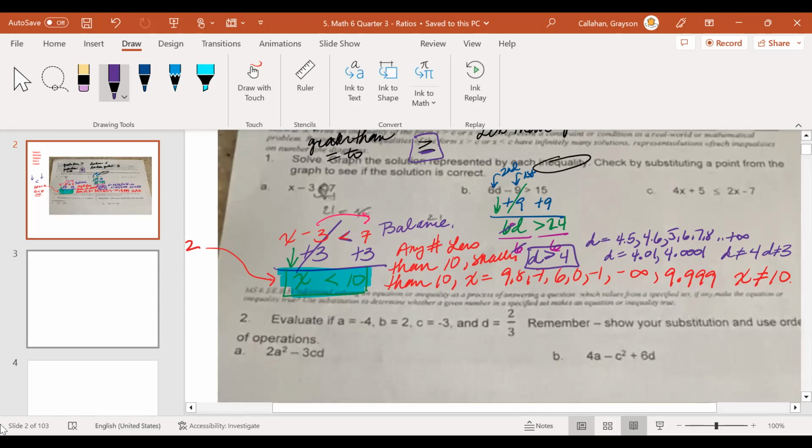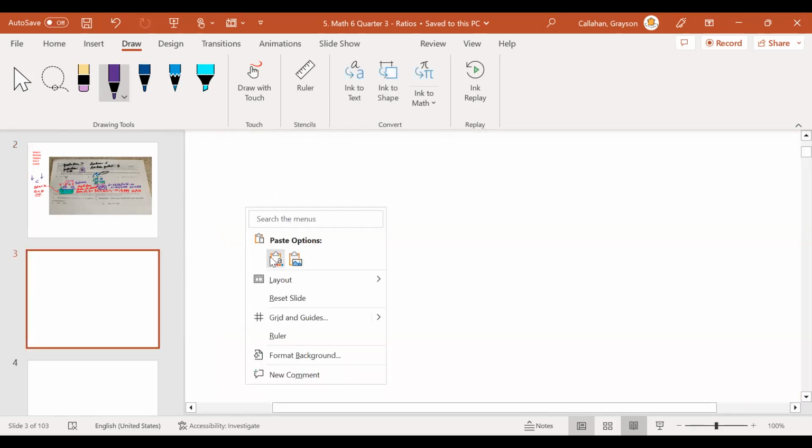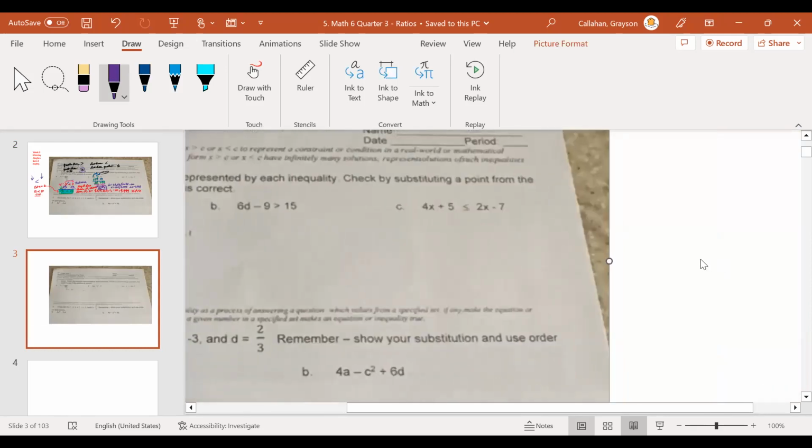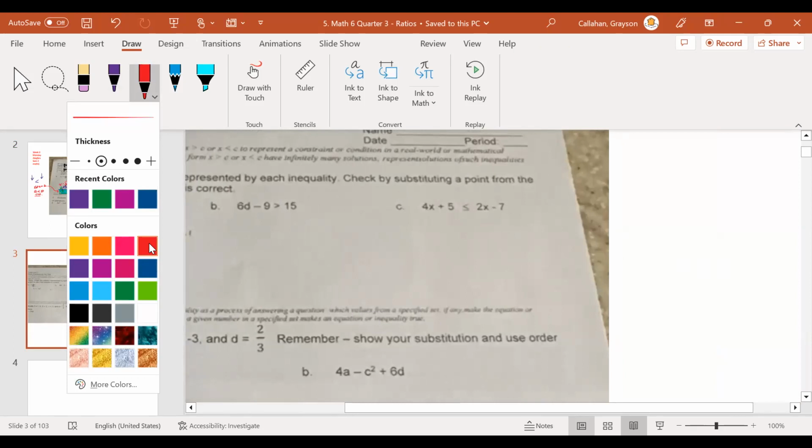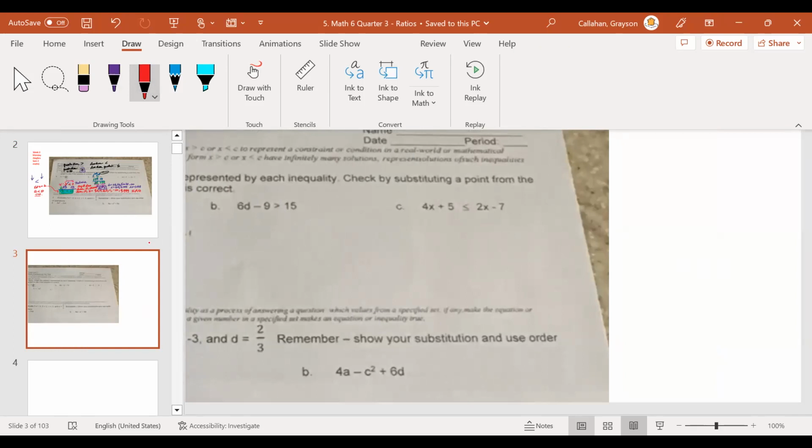Let's take a look at letter C. Now you have a letter on both sides. You have a letter on the left side and a letter on the right side. You always, and you want to put a little star, always move the smaller variable.